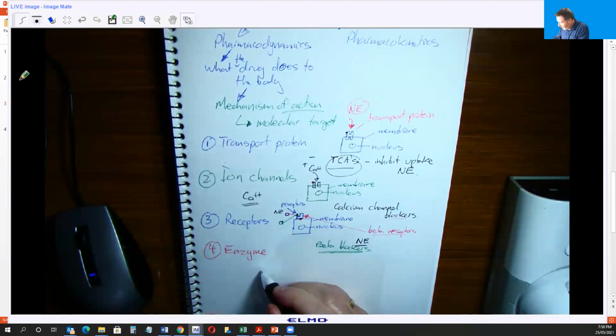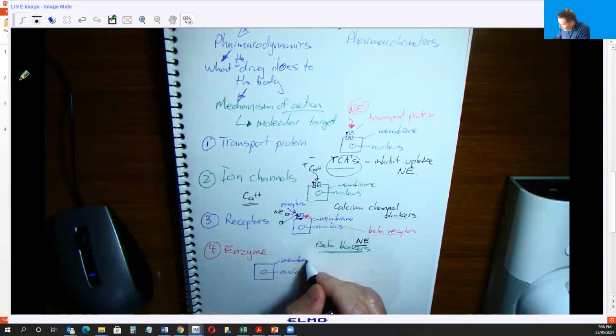Here we have, let's say, again, a cuboidal cell. There's the nucleus in the middle, and there's the membrane. Now, when, for example, a cell becomes damaged, let's say that cell membrane becomes damaged, then what we have is the release of a substance called arachidonic acid.